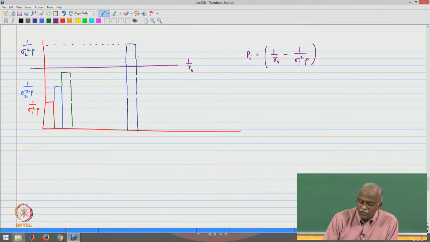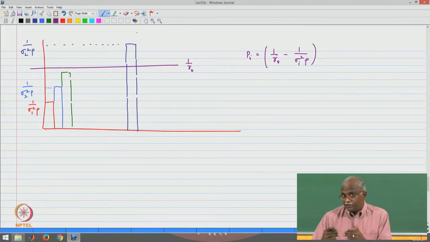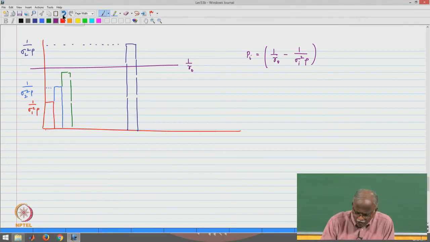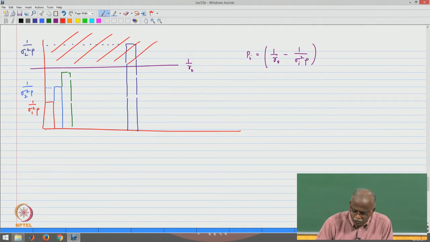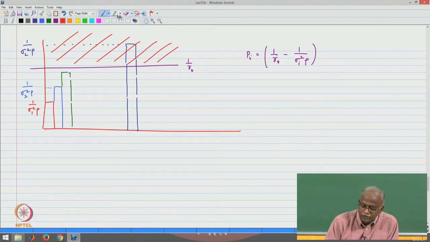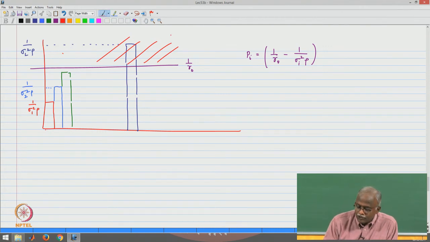So, those channels which exceed this 1 by gamma naught threshold will get no power allocation once they have crossed the threshold.